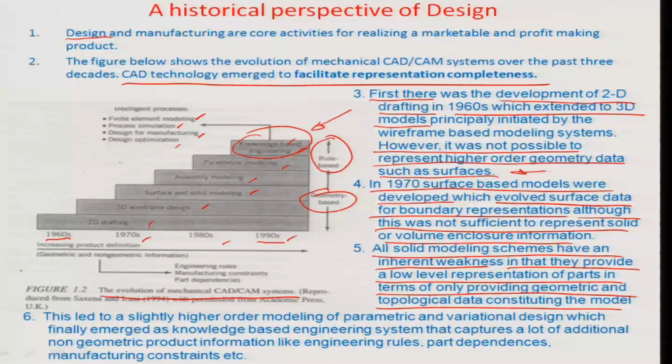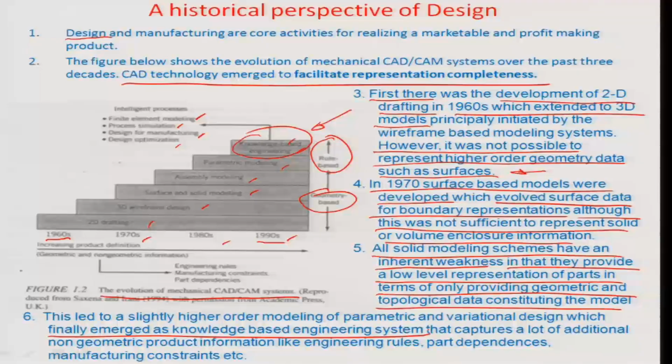And as I told you, the finally emerged knowledge based engineering system includes not only the design, but also rules based designing, particularly engineering rules, like what kind of tolerances there are, and what kind of part dependencies there are between, let us say, the surface finishes of the different structures you are trying to assemble, and so on. These are not related to geometry but to process rules which govern the designing process, and that is the modern approach of doing all product design.